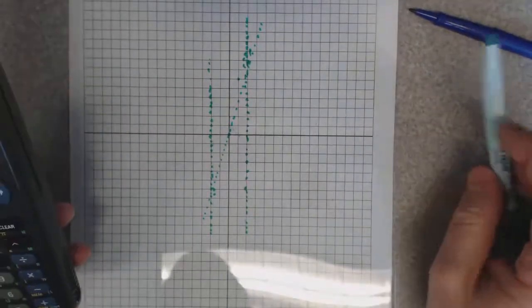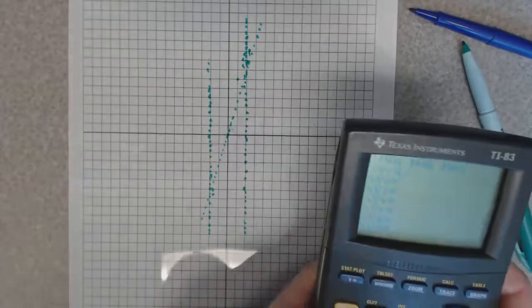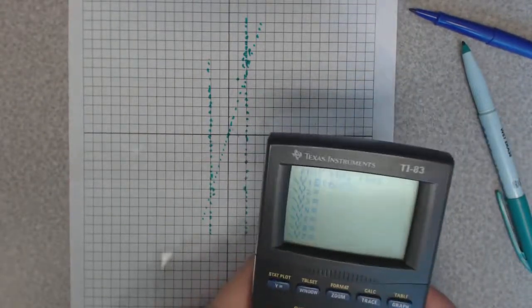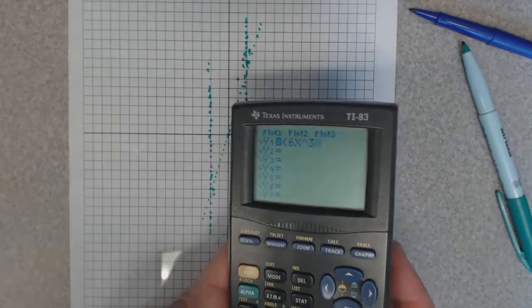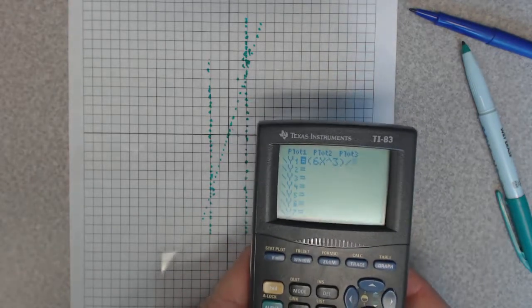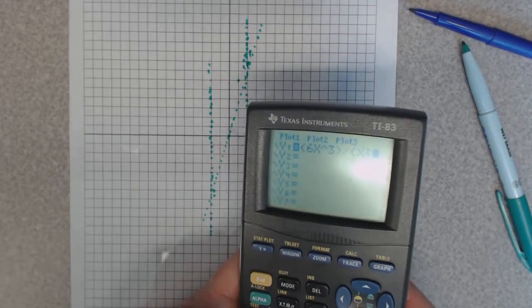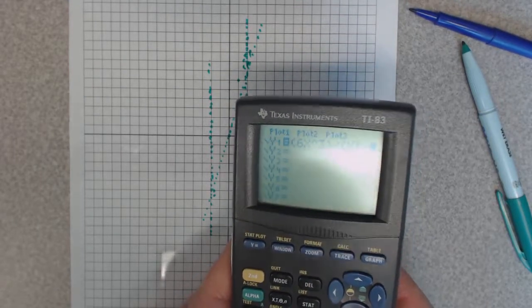So for y equals, type this bad boy in, 6x to the third divided by x squared minus 4.